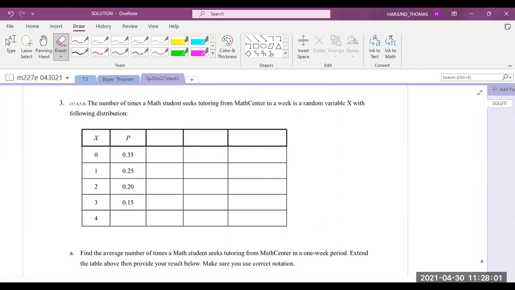The number of times a math student seeks tutoring from Math Center in a week is a random variable x with the following distribution. The total should be 1, right? So to find this, I need to do 1 minus the total.